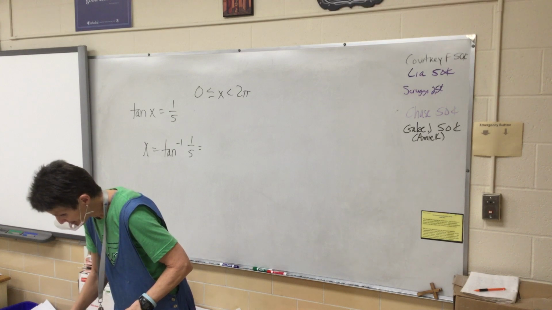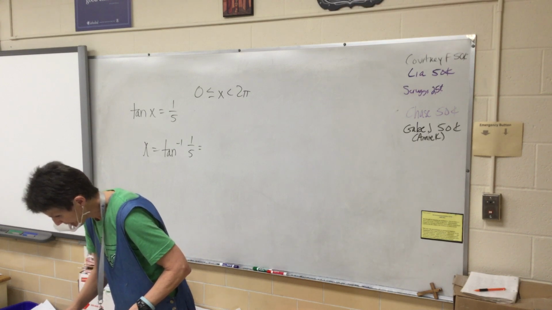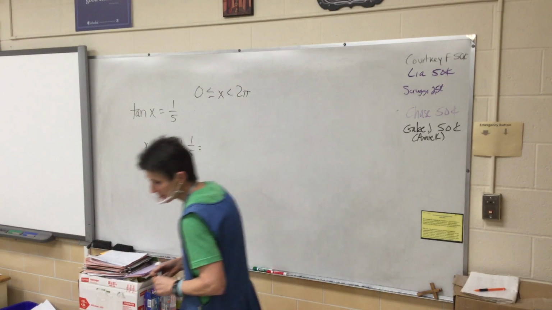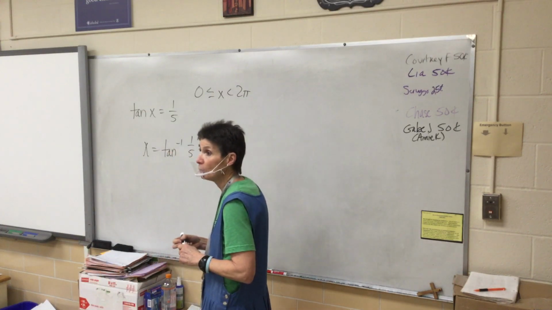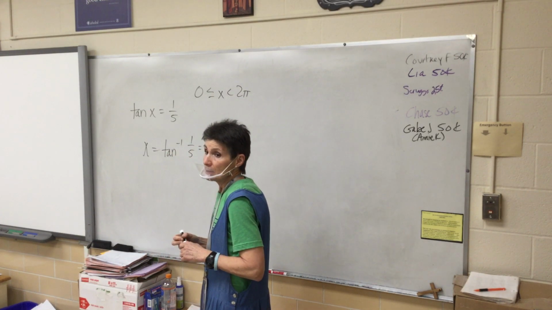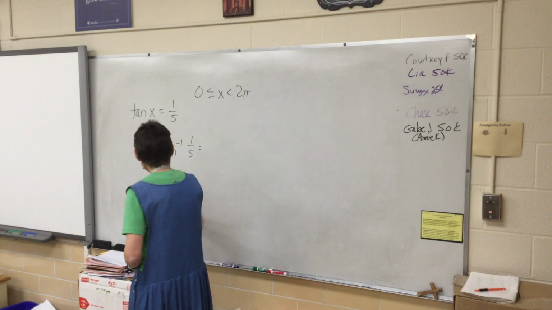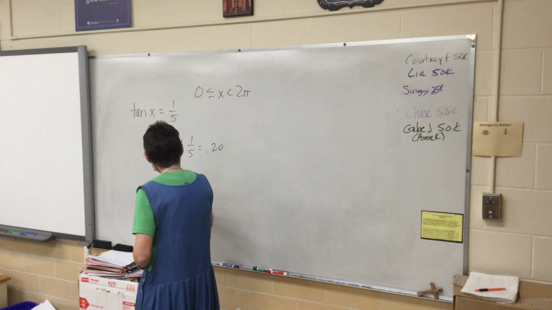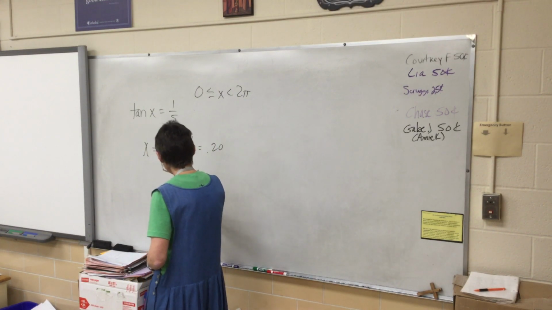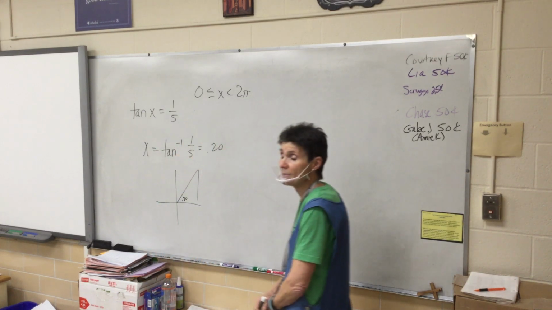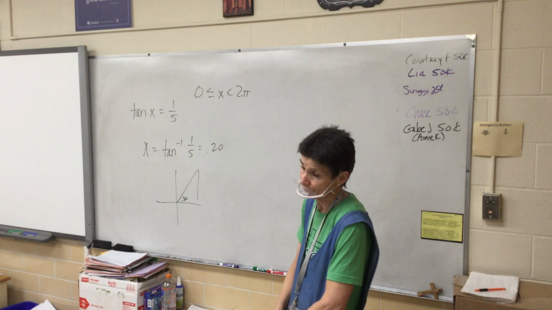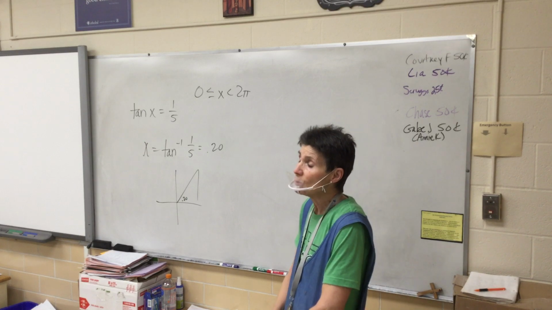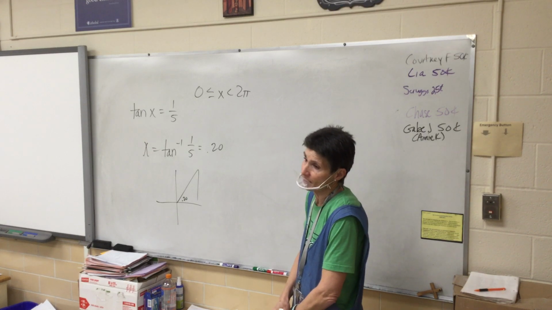But that is not the only answer, because it looks like we get about 0.20. So I can have that in quadrant 1. I have a 0.20 angle in quadrant 1, and that is one of my answers. Where will the other answer be?